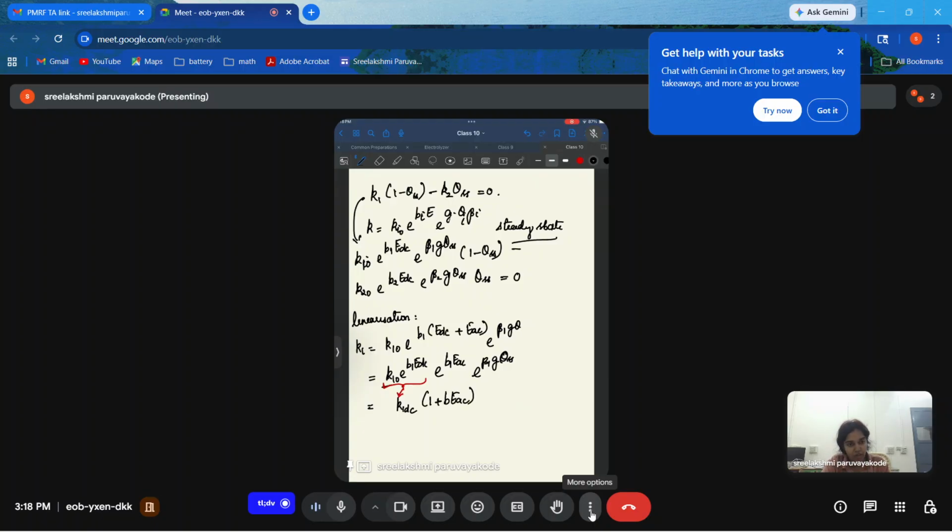The same way we can also do it for theta, where we already know theta is theta ss plus theta dash EAC. So the same thing we can do.